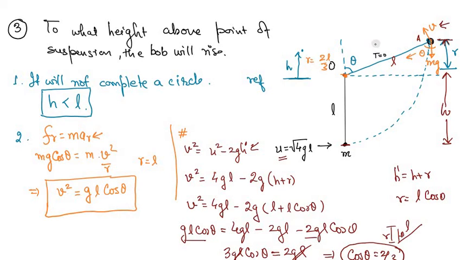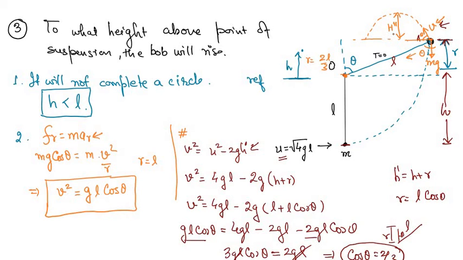So is this the maximum height? No, it is not the maximum height, because this bob has a velocity v at this point A, and it makes an angle theta with the horizontal. Now it will be a projectile at this point. So we will have an additional height, let me call this h double prime, because I have used the prime symbol.